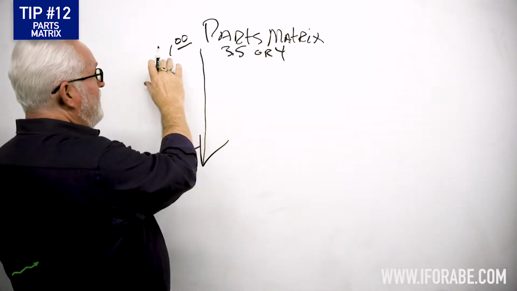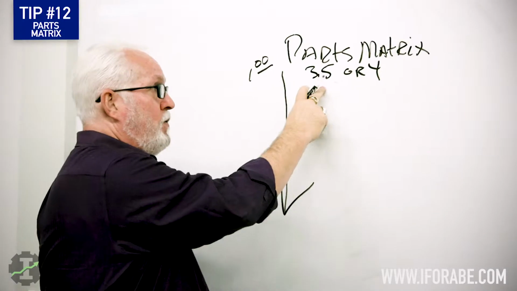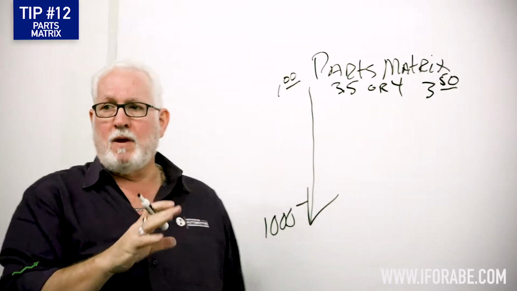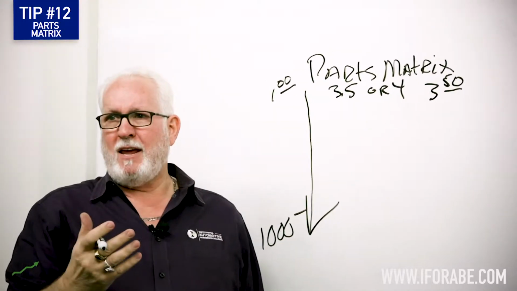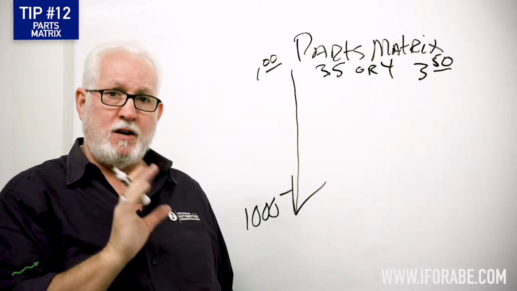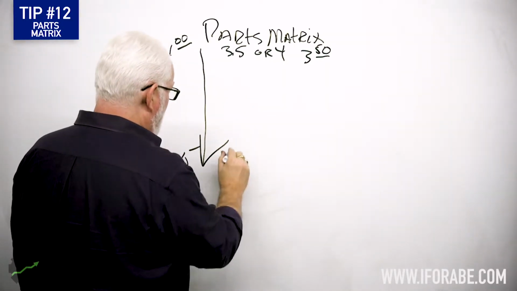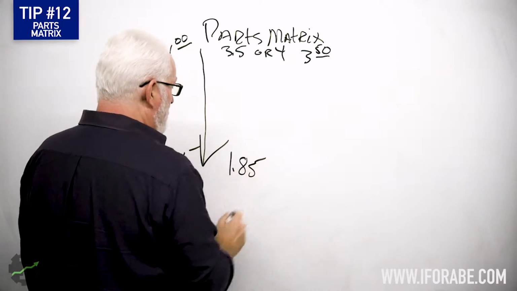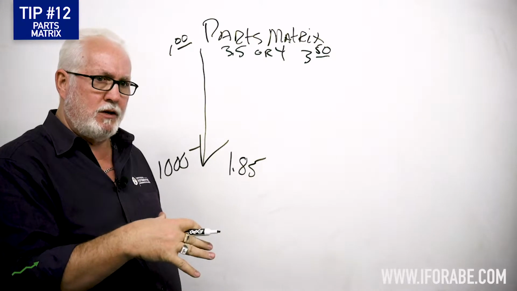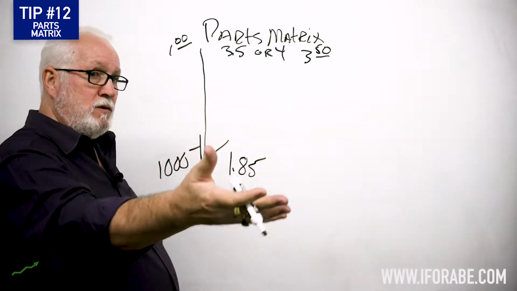So if I get this part and I mark it up on my matrix at 3.5, it sells for $3.50, and that gives me about a 75, 76% margin on that particular part. And as I get down here, I might have a 1.85 multiplier, and that 1.85 multiplier will get me a lower margin. So what really matters here is the average part that you sell.